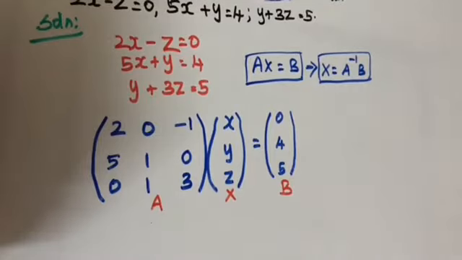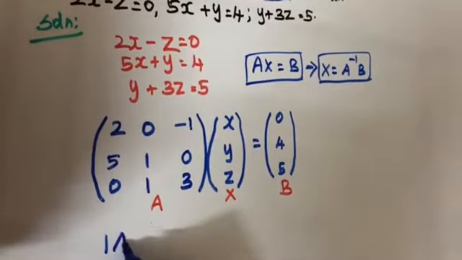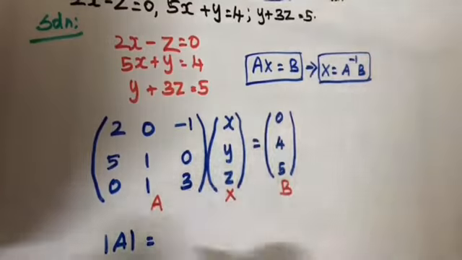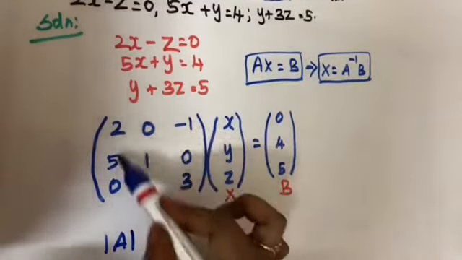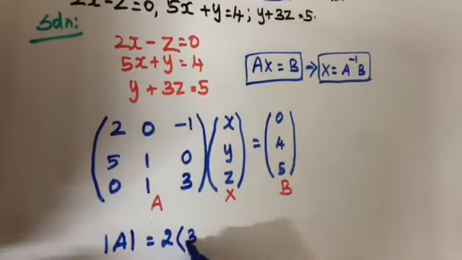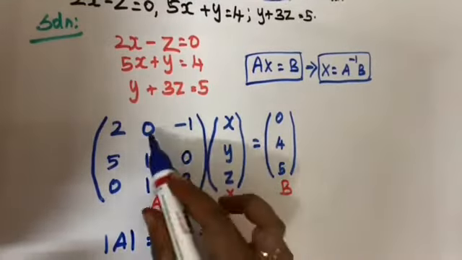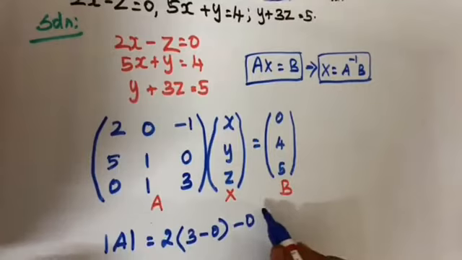So to calculate A inverse, first you have to calculate determinant A. Determinant A is equal to 2 into 3 minus 0. Similarly, minus 0 into, it is 0.